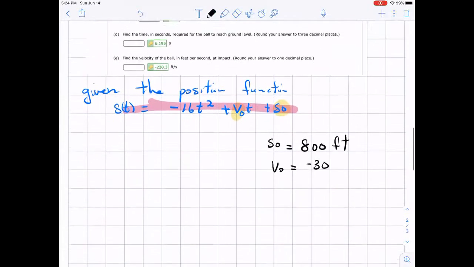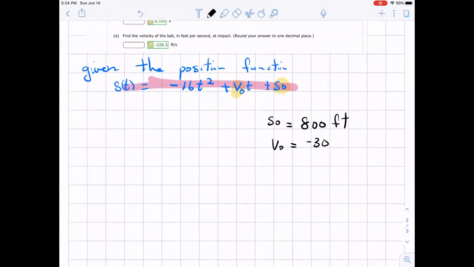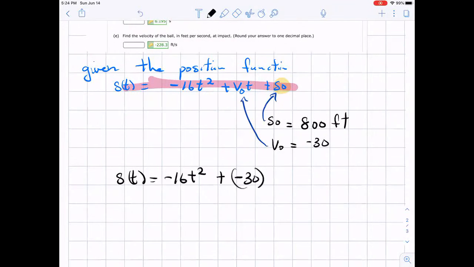Feet. So therefore, if I plug these in, s0 here and v0 over there, we have s of t is minus 16t squared, v0, so plus a negative 30, that's v0, t plus s0 is 800.